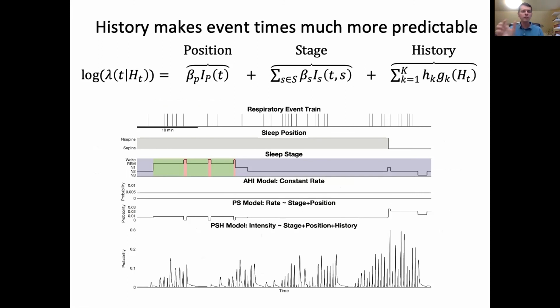So here's just one subject, just looking at about 30 minutes or so, maybe a little bit longer, of a night's sleep, where you can see the actual respiratory event chain, you can see the position, in this case changing once, you can see a few changes in sleep stage, and you can look at the estimated AHI as a function of each of these models. So for our AHI model, there's just a constant rate.